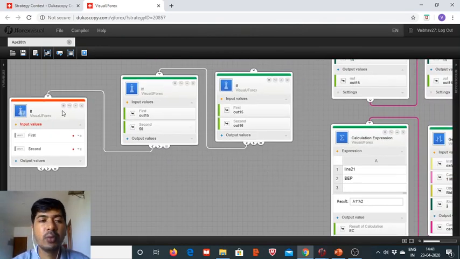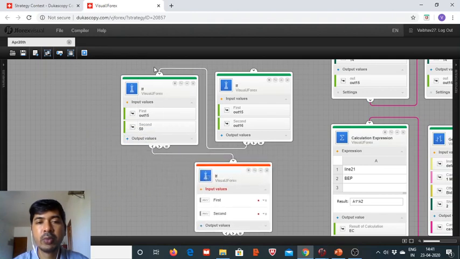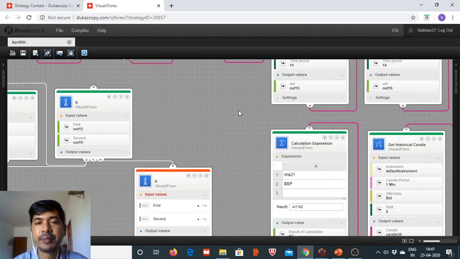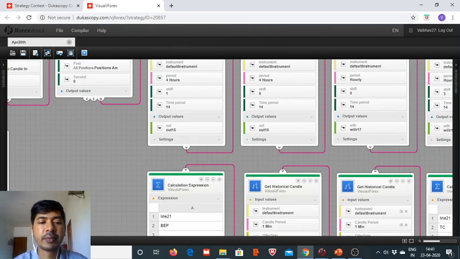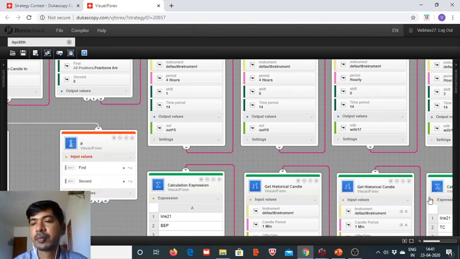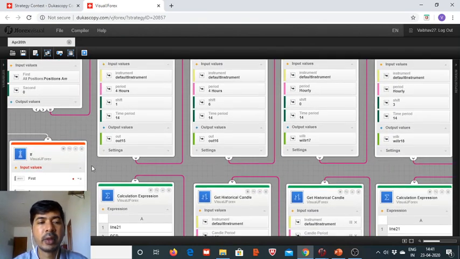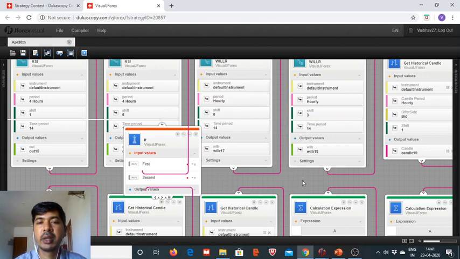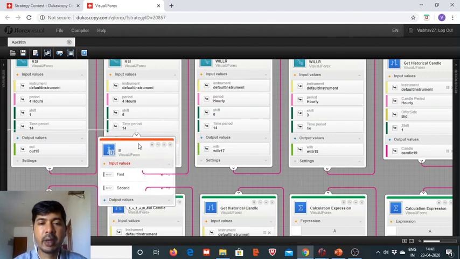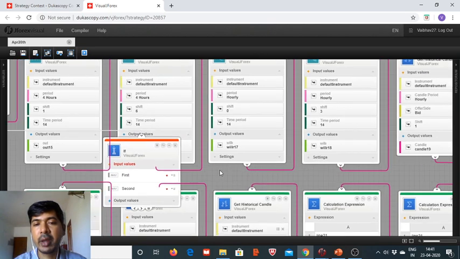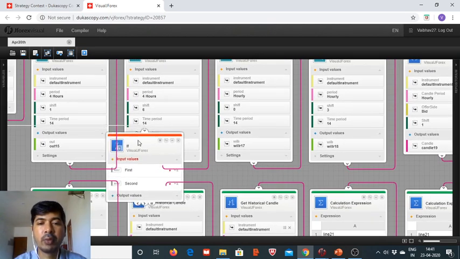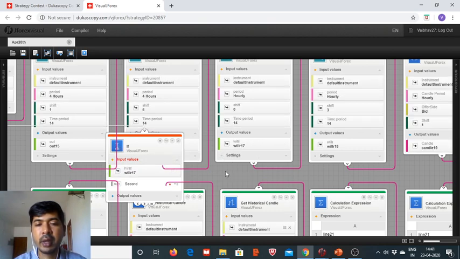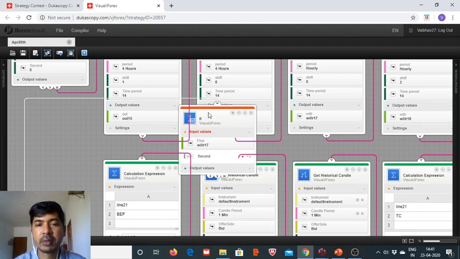Okay. Now we move our attention to the Williams R on the hourly chart. And we go to the Williams R conditions, and here we will be looking at the current Williams R value, which should be greater than minus 50.